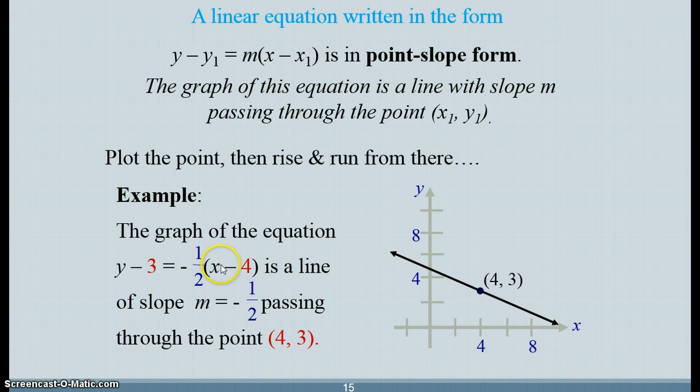So for example, the graph of the equation y minus 3 equals 1/2 times x minus 4 is a line right here, right? Of slope 1/2 passing through the point 4 and 3. All right, so we have the point 4 and 3 right here, right?